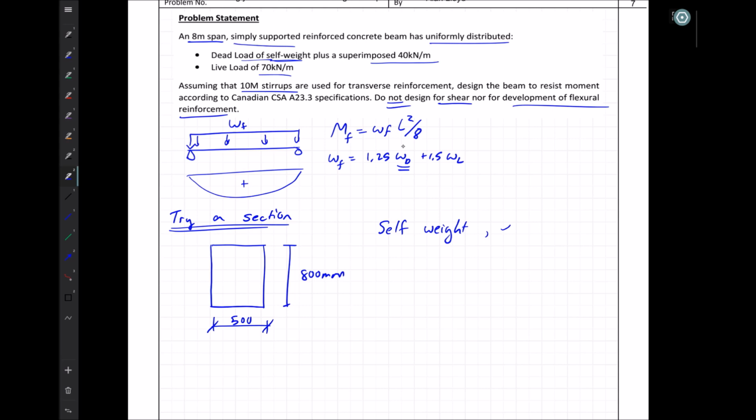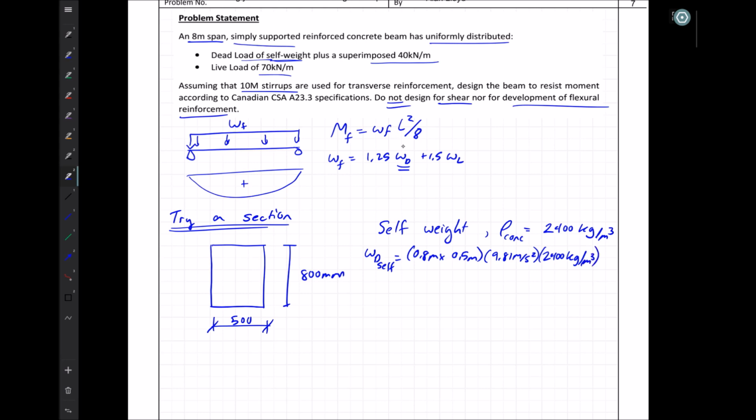In terms of the self-weight, we can say that the density of concrete is 2,400 kilograms per meter cubed. It's an 8-meter long beam with the dimensions of 0.8 by 0.5 meters. So the W dead for the self is simply equal to 0.8 meters times 0.5 meters multiplied by gravity 9.81 meters per second squared multiplied by concrete density 2,400 kilograms per meter cubed.